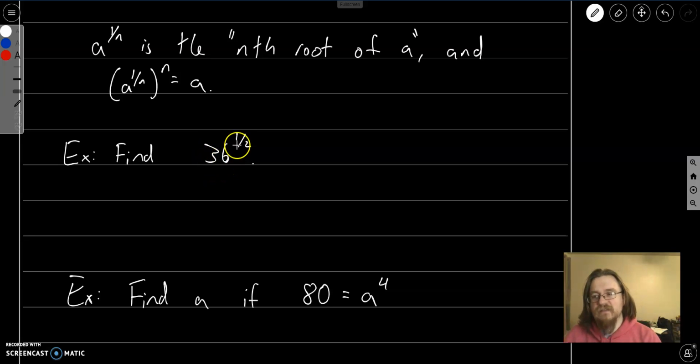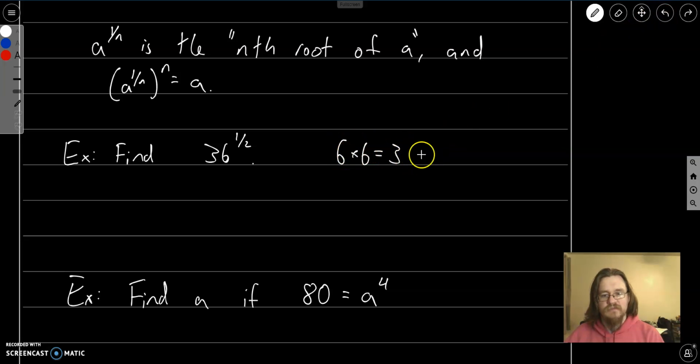So 36 to the 1/2 power. So again, I'm looking for the number that when we multiply it by itself twice, we get 36. Well, you and I both know that 6 times 6 is 36. So we know that 6 squared is 36. So 6 is going to be 36 to the 1/2 power.